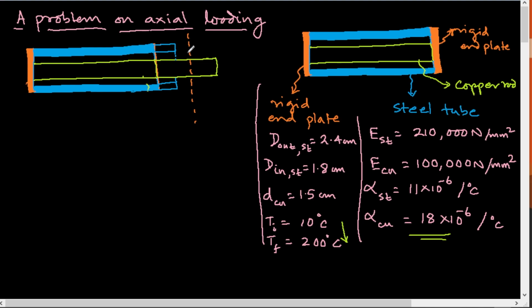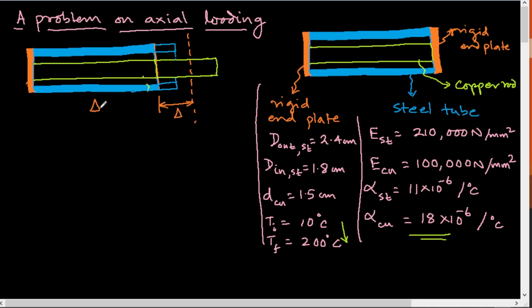So from that sense, we will say that the final position of both of them would be this. That means if you consider the strain, both of them have got this deflection. Let's call this delta.